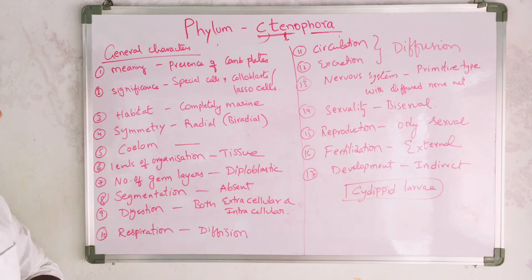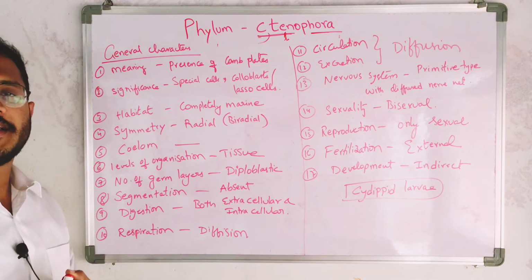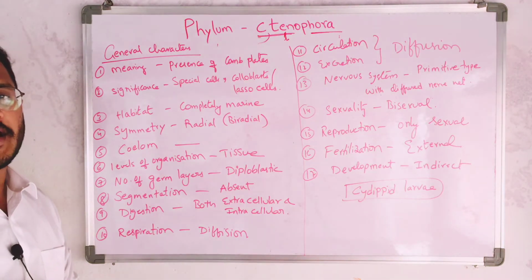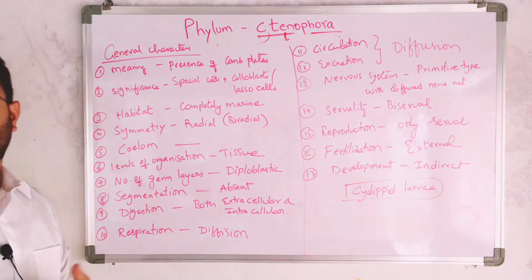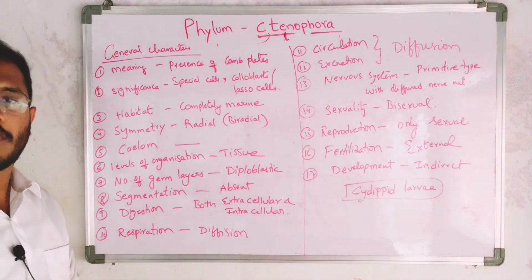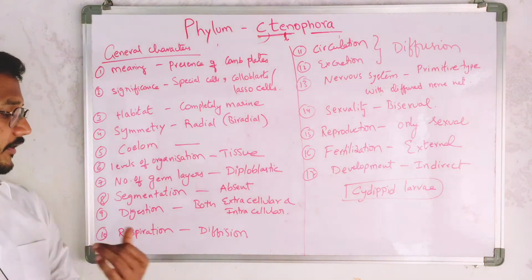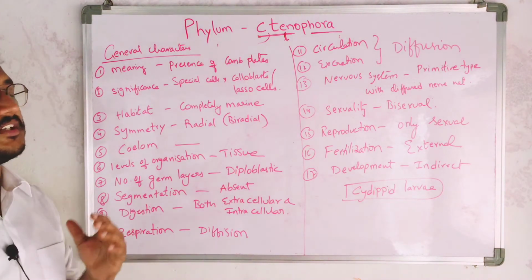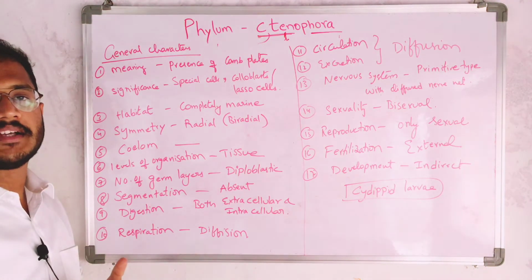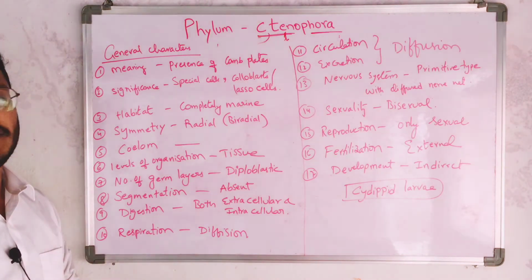And segmentation here is absent, and digestion, as in the cnidarians, is both extracellular and intracellular. I already discussed what is extracellular and what is intracellular in my cnidarian video. And respiration, excretion, circulation are the same as in the cnidarians, that is simple diffusion.